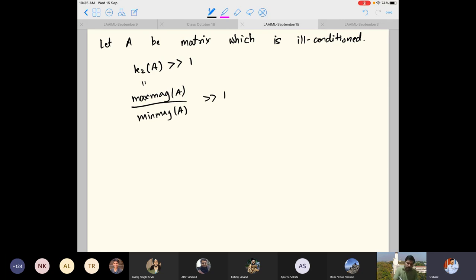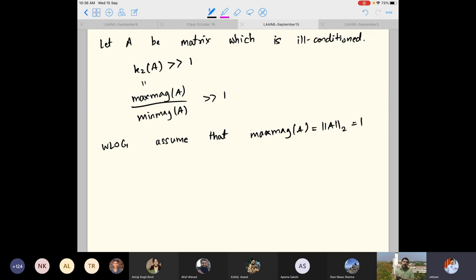So I will apply the same logic. I'll say that without loss of generality, assume that the maximum magnification of A, which is equal to the 2 norm of A, is equal to 1. If it is not 1, then I'll divide it by its 2 norm and I will get it to be equal to 1, right?